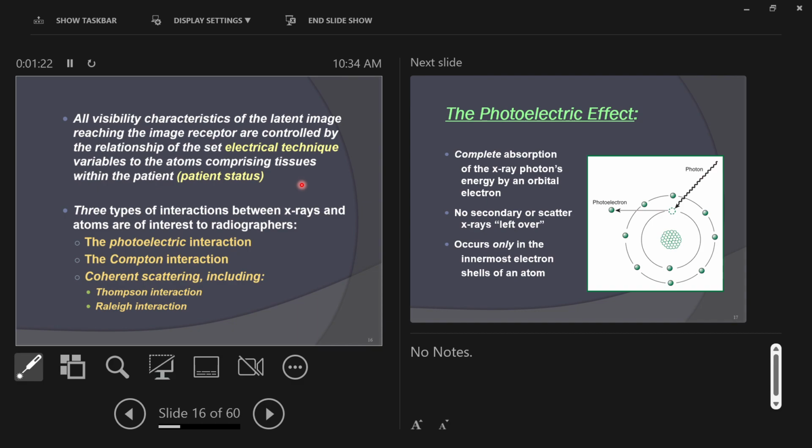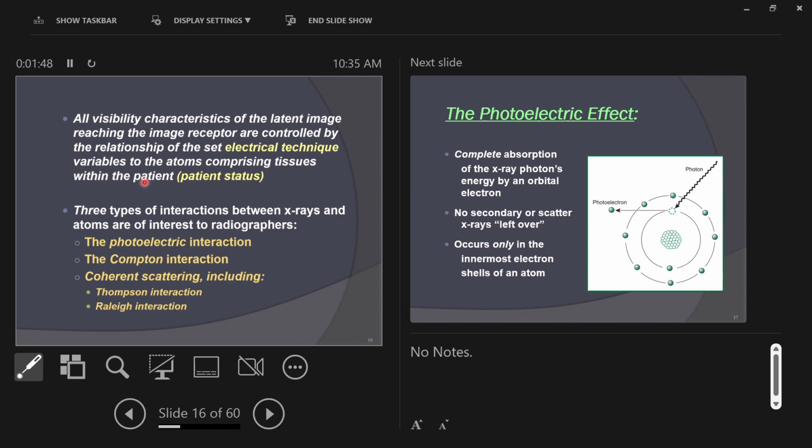What were our main electrical settings that we change? There's 2. KVP and MA, right? But time is there. It's just not an electrical setting. But the settings that we make affect the energy and quantity of the X-ray beam, and those changes change the interactions with the tissue.